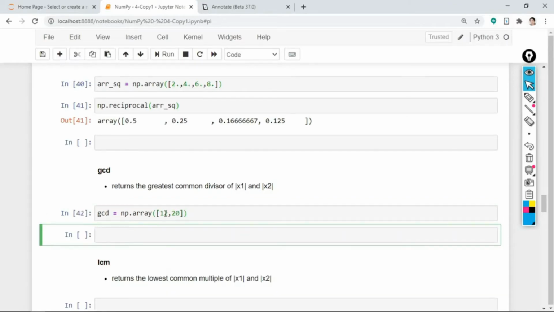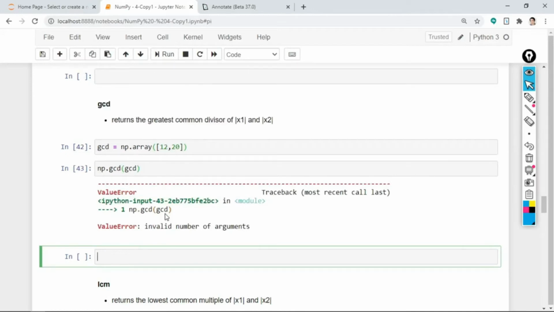So I'll enter. If you use np.gcd directly with the array, this one will result in an error because it has an invalid number of arguments. The reason is we are passing a NumPy array.